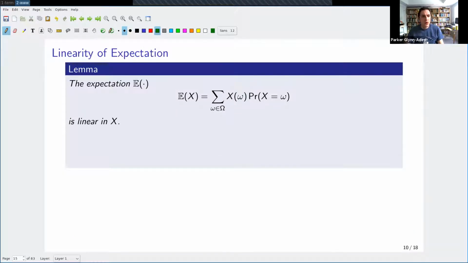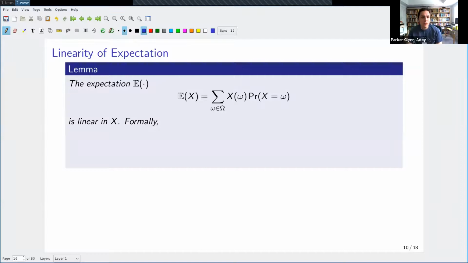Excellent. A huge concept, very helpful with probability, is this thing called the linearity of expectation. The expectation is like an integral, and integrals are linear.